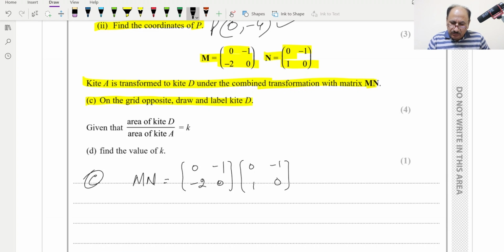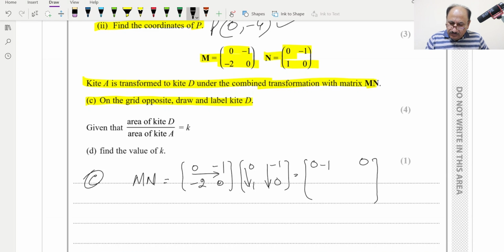Now we can multiply first row, first column, and this will be equal to 0 into 0 will be 0, -1 into 1 will be -1, and first row second column, 0 into -1 will be 0, and then -1 into 0 will be 0, so this will be 0.